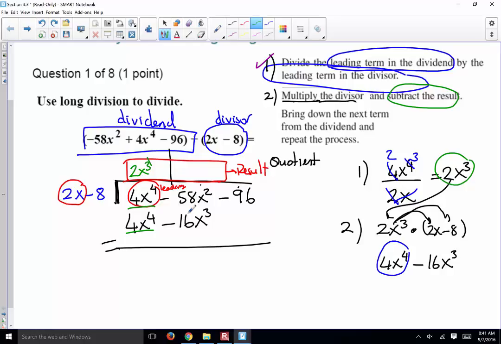What prep step did I miss? If there are some skipping power, 4 to 2, there is a skipping power, right? Make sure you show them here by putting, if that term is missing, how can I put it back here? Put it as 0x cubed. Look, there is no x cubed, that means 0.